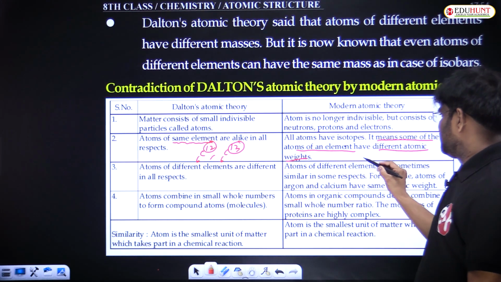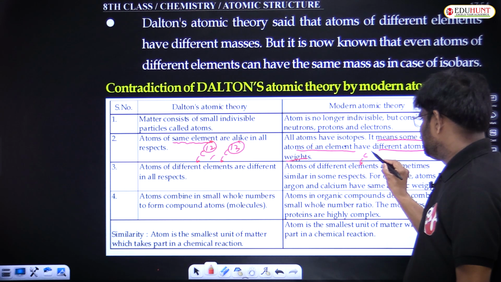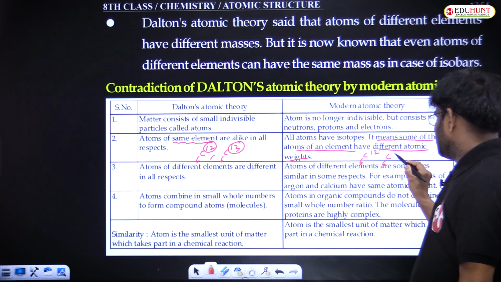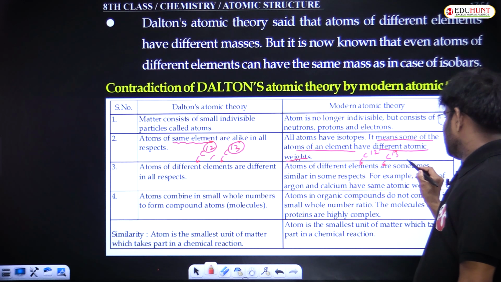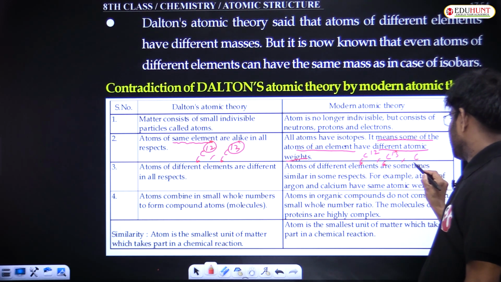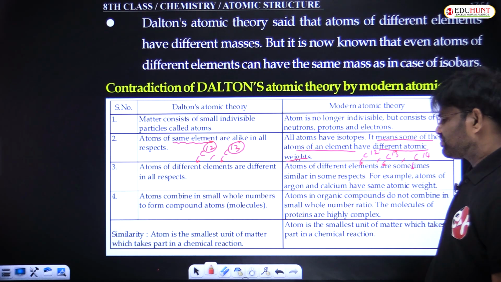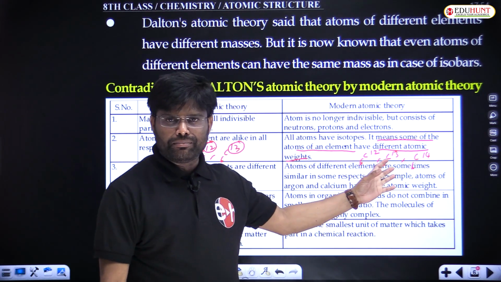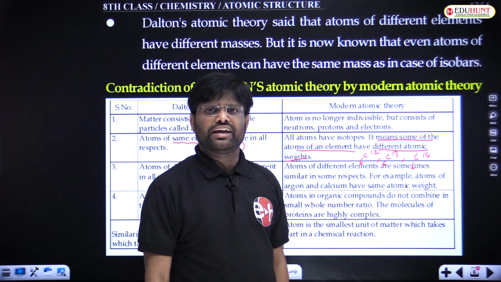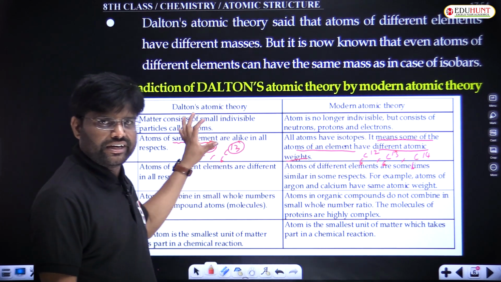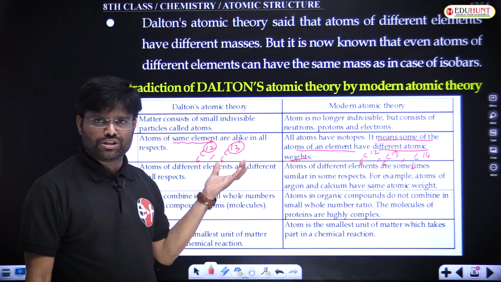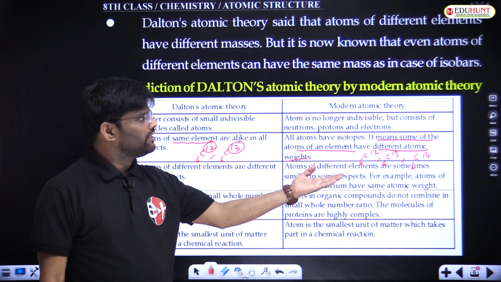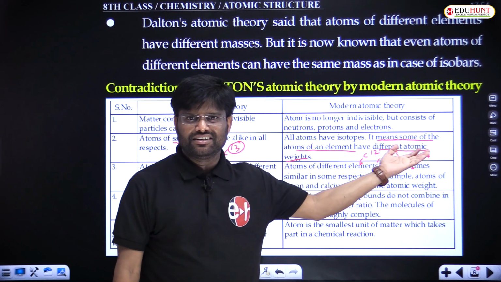But in the modern theory, we have carbon-12, carbon-13, carbon-14. Isotopes with different atomic mass are possible in the modern atomic theory, but in the Dalton atomic theory this is not possible. That is the drawback, so it was modified by the modern atomic theory.